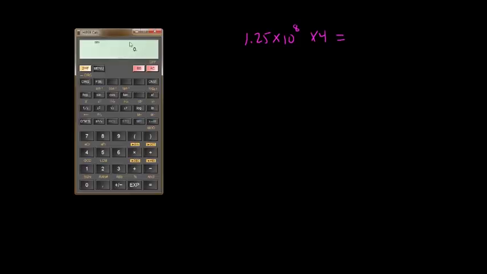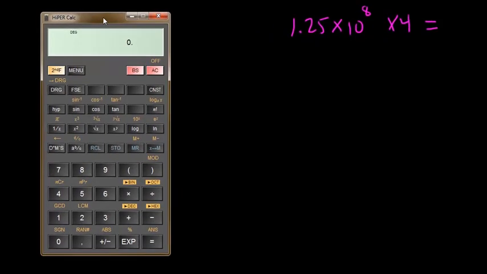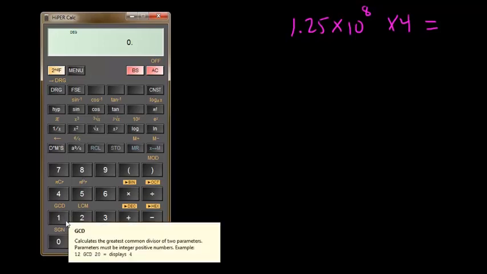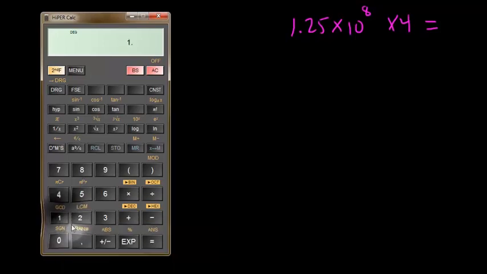Okay, so let's go ahead and look at our calculator here. Now, yours might look very different, and that's okay. It'll have really similar buttons. Okay? The way that most students choose to put scientific notation into a calculator is by putting 1.25 times 10 in this little x to the y button.